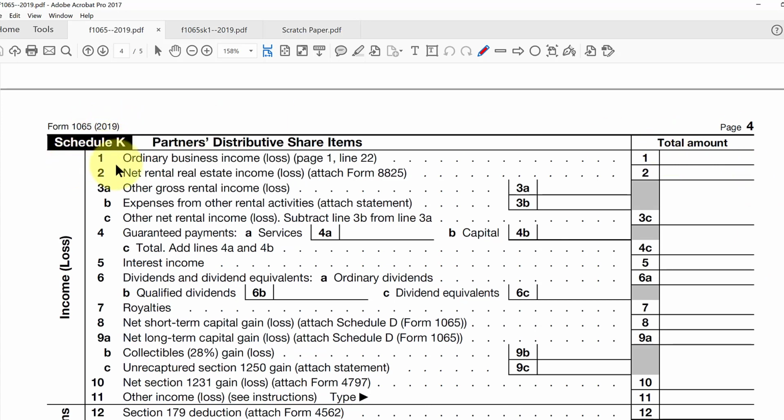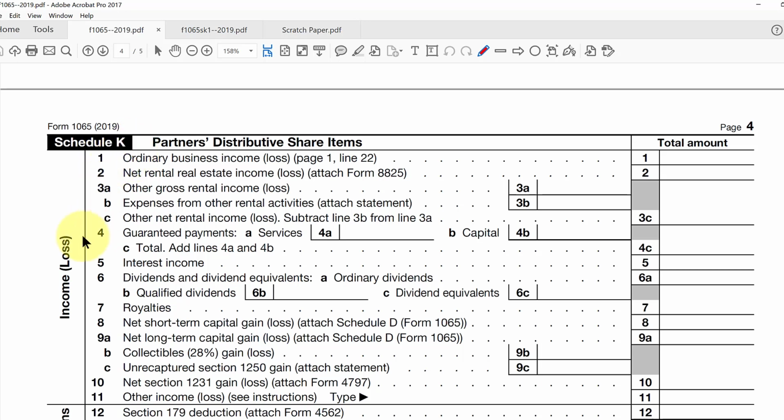Here, line 1 is that same ordinary business income or loss from line 22 on the first page. This Schedule K lists all the different amounts that we're going to be reporting to the partners, so the partners can know how much they have to pay taxes on or deductions they can claim on their individual return. The main number is this line 1.